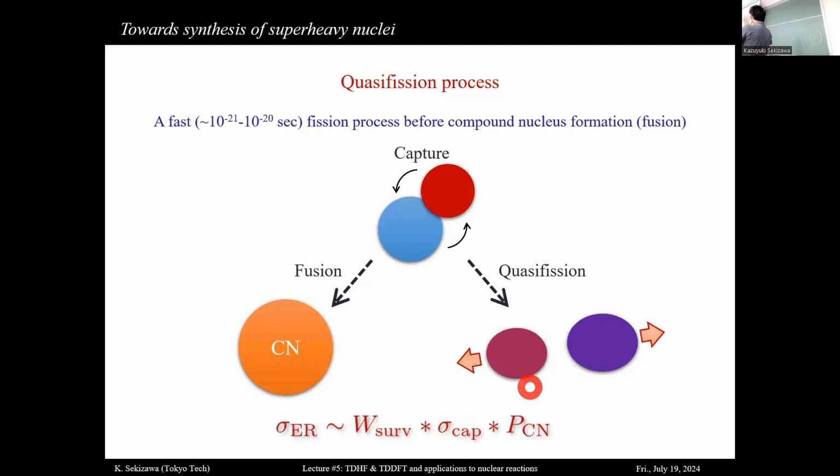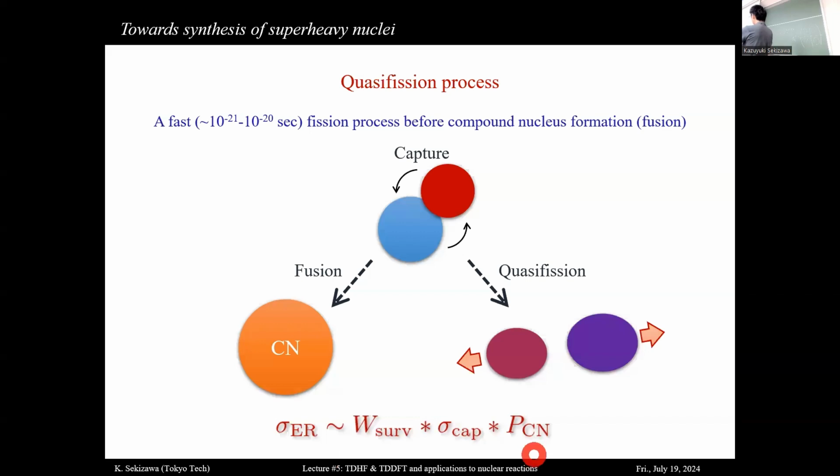Okay. And to synthesize super heavy nuclei, what is relevant is this evaporation residue cross-section. To make an evaporation residue, we have to make two nuclei capture. Capture process must happen. And after the capture, compound nucleus must be formed, and this is the probability of compound nucleus formation.